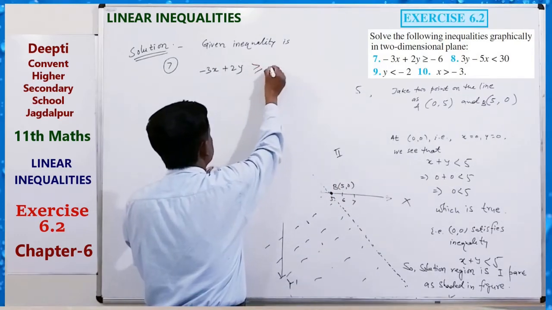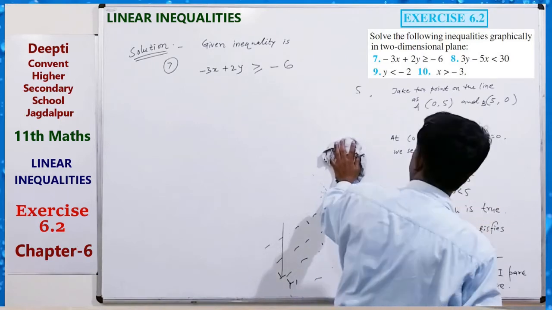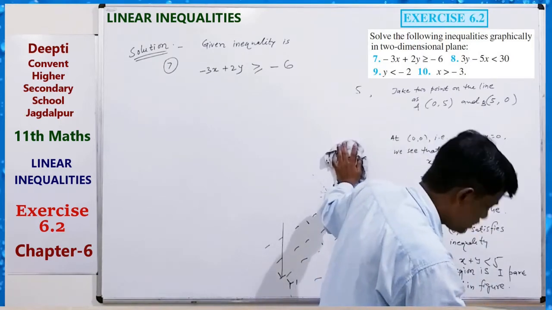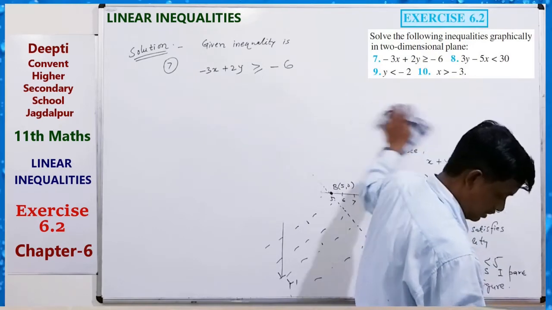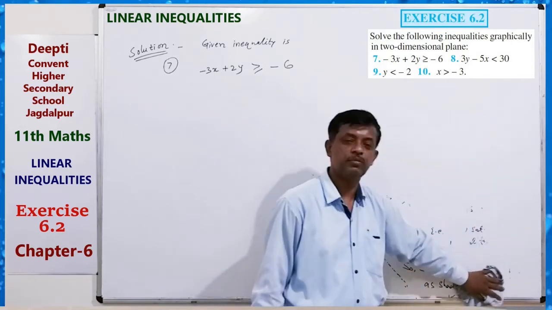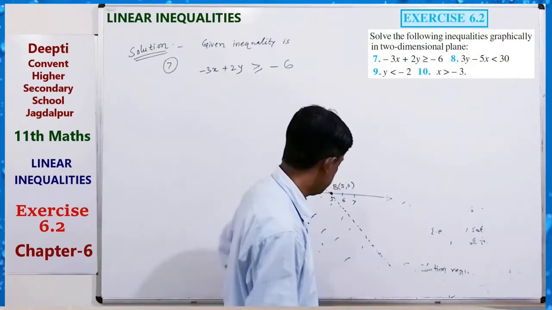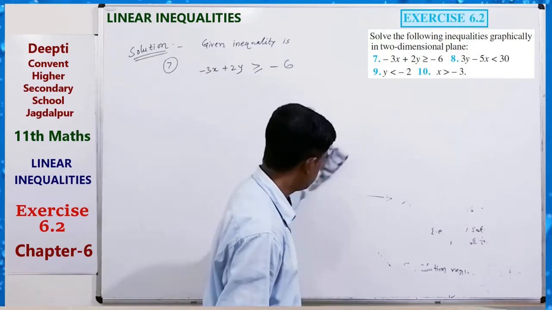This is the given inequality. All the questions are in a similar fashion; you can draw the graphical solution. This is a slack inequality, with less than or equal or greater than or equal, so we have to draw a bold line, and one of the parts will be the solution region.